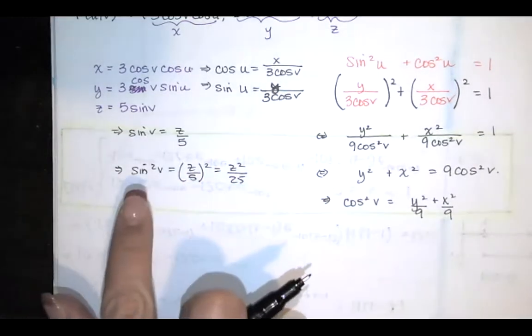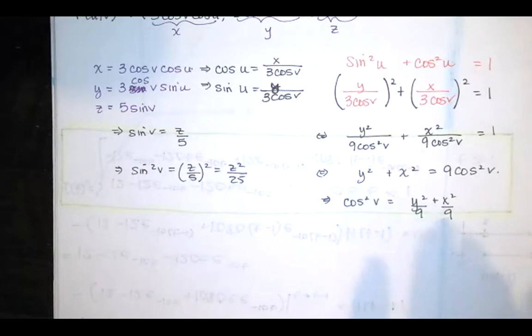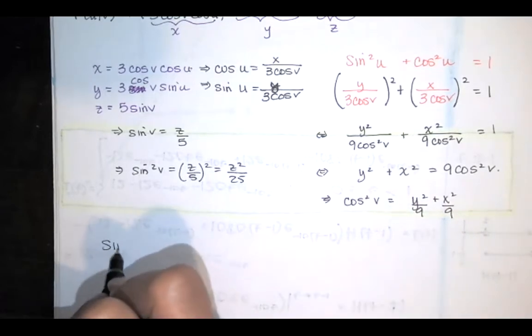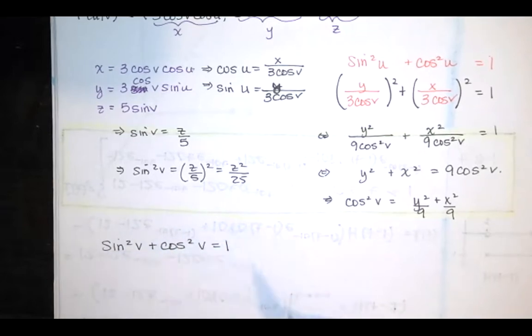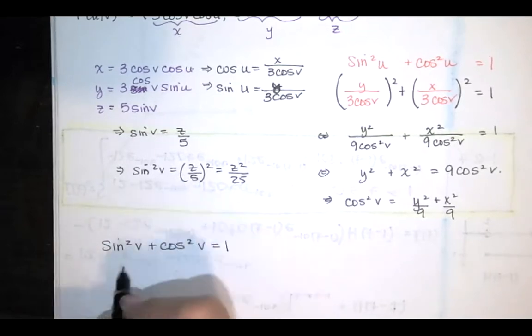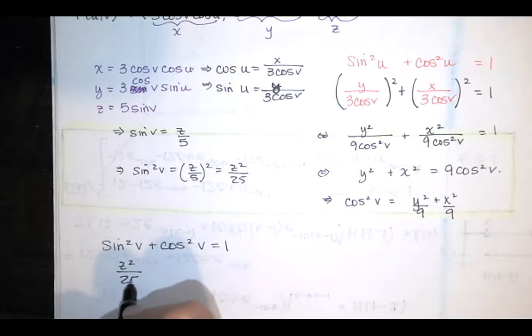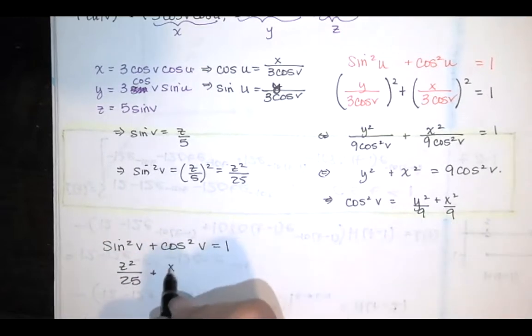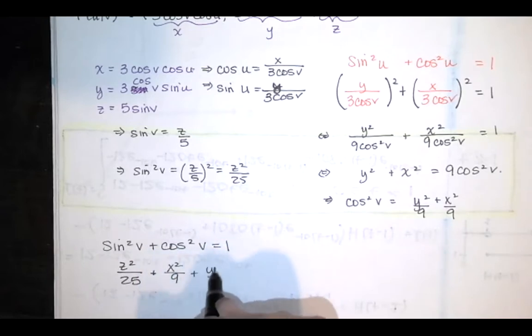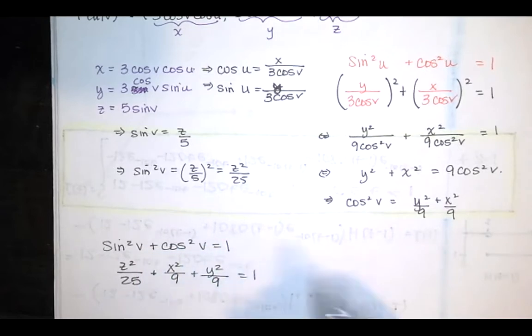Okay, now we know sine squared v plus cosine squared v is 1. Let's substitute those in. Sine squared v turns out to be z squared over 25. Cosine squared v turned out to be x squared over 9 plus y squared over 9. That's all set equal to 1.